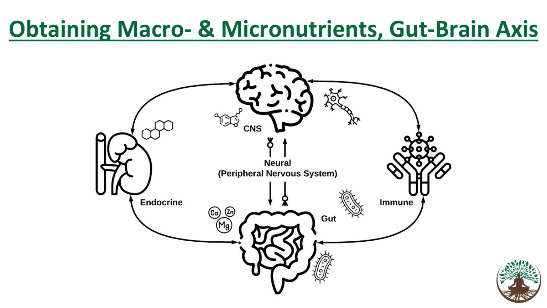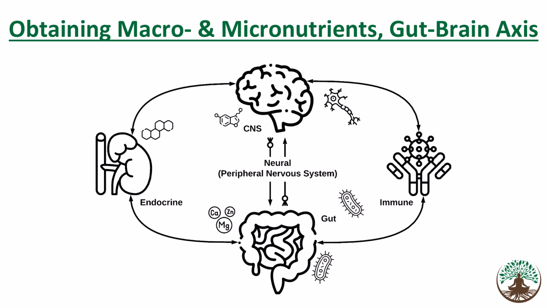Not only does it synthesize the same neurotransmitters, and in fact, arguably most of the body's serotonin, the junctions between enterocytes mimic what we see in the blood-brain barrier. There is also bidirectional communication between the brain and gut via the vagus nerve, and dynamic interactions with the endocrine and immune system.